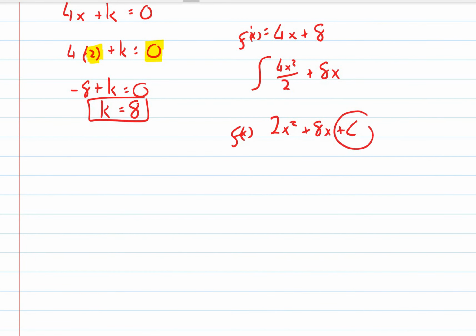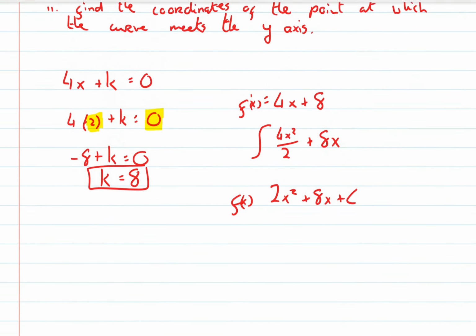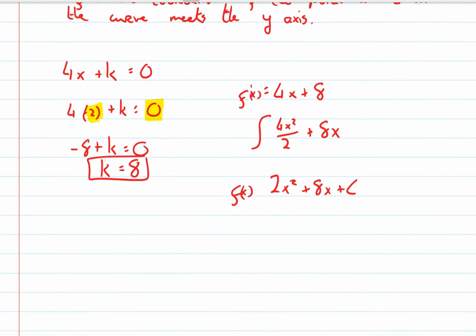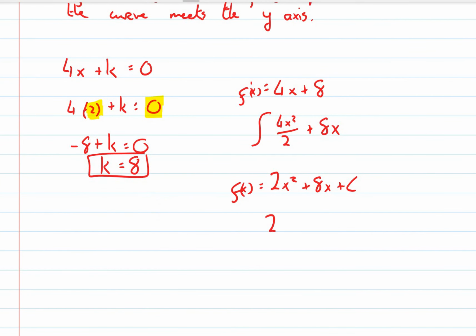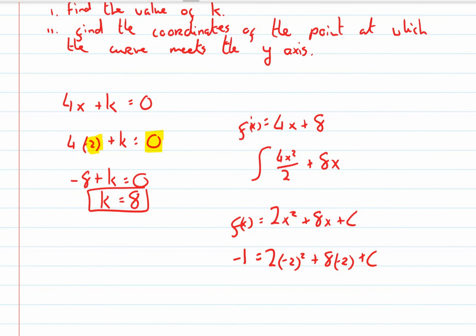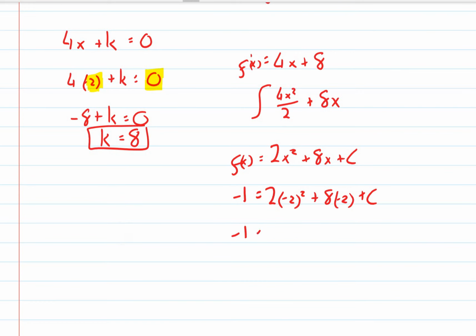However, I need the c value first before I can find out where it crosses the y-axis. They do give me a point on the curve, it's (minus 2, 1). So if I put in minus 2 for x, then it should equal 1. So 1 equals 8 minus 16 plus c.